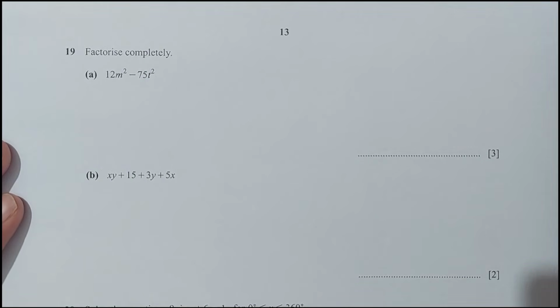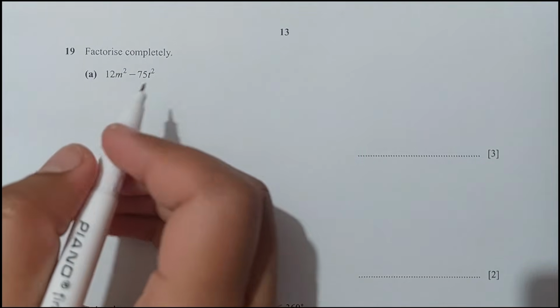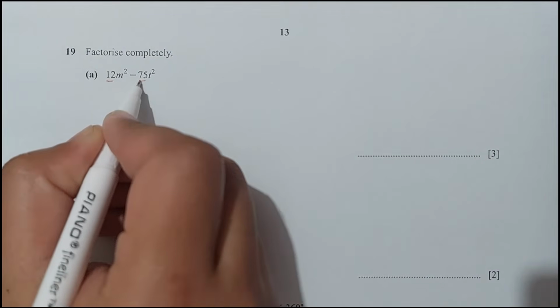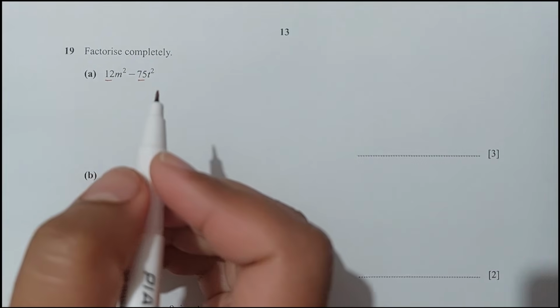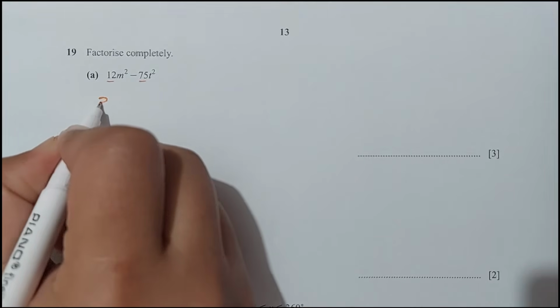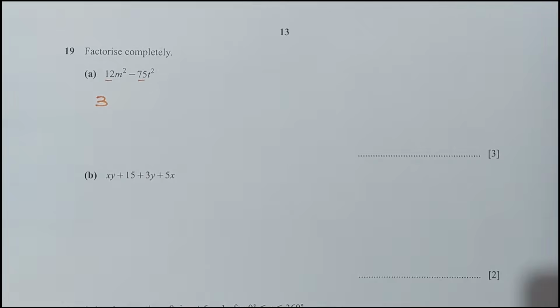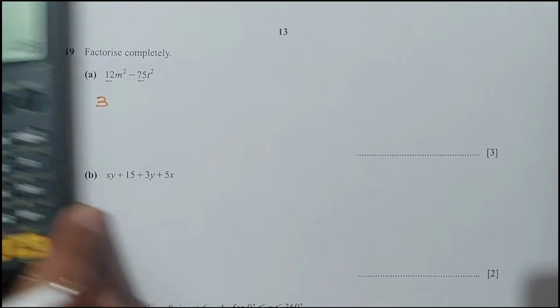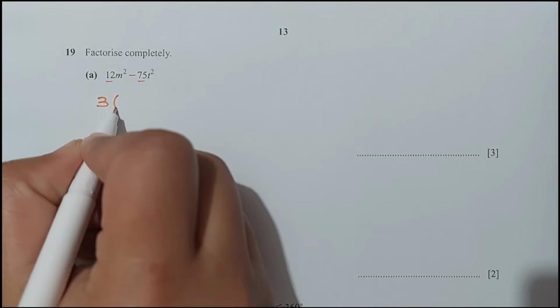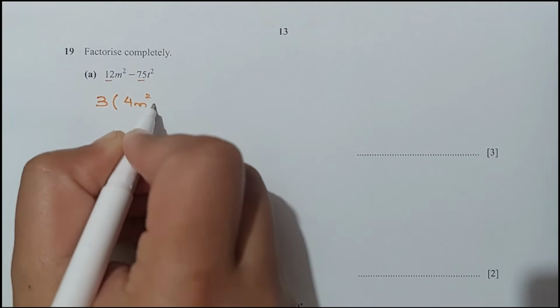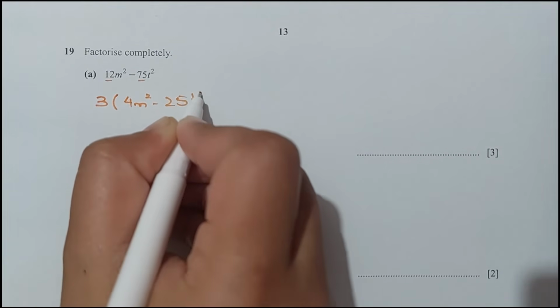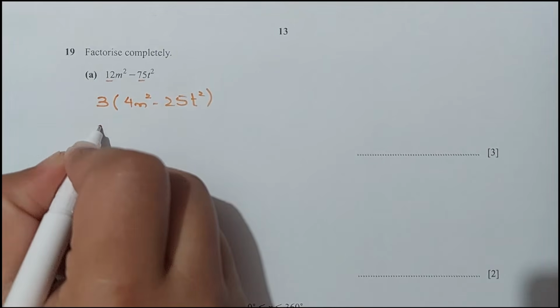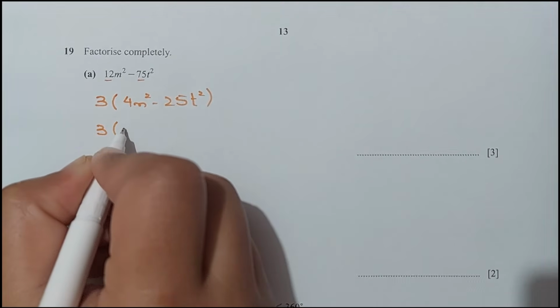Question number 19, factorize completely, part A. So 12 and 75, what is common? 3 is common. 3 times 4 is 12, and 75 over 3 is 25. So this is 4m square minus 25t square.